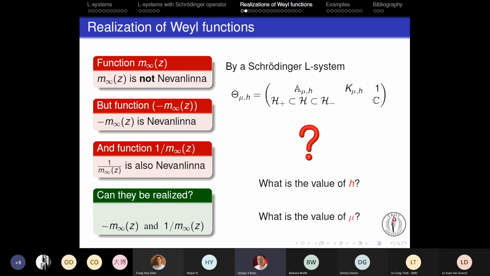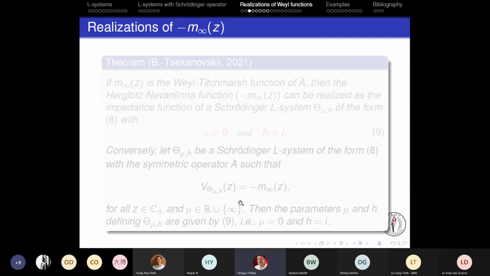It is associated with some kind of Schrodinger differential expression, and there is a Hilbert space already fixed ahead of time, and there are plenty of results setting up one-to-one correspondence, like Borg theorem, for example, between the potential and m function. Okay, so here's the answer to the question.